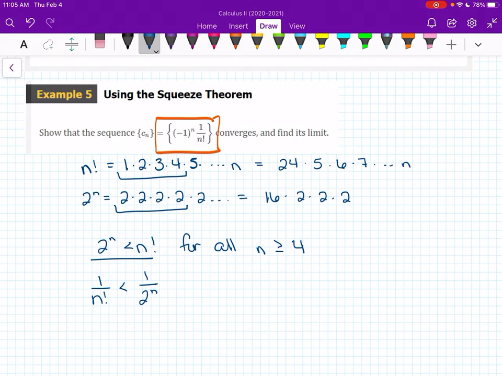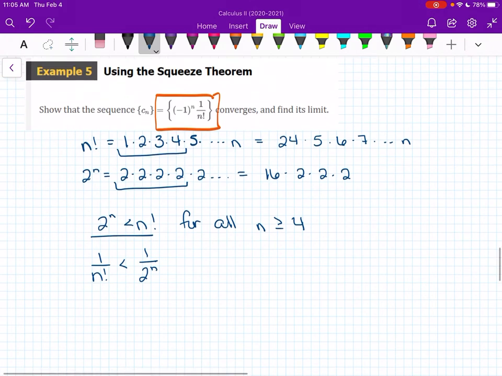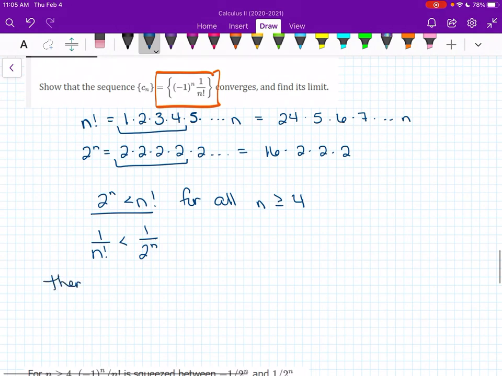And then I can also sandwich between the negative, okay? So if I add that negative 1 to the n, the alternating piece, I know the positives will be less than 1 over 2 to the n, and I can also do the lower bound as negative 1 over 2 to the n.